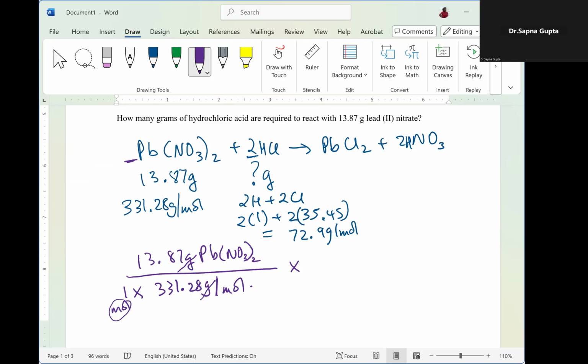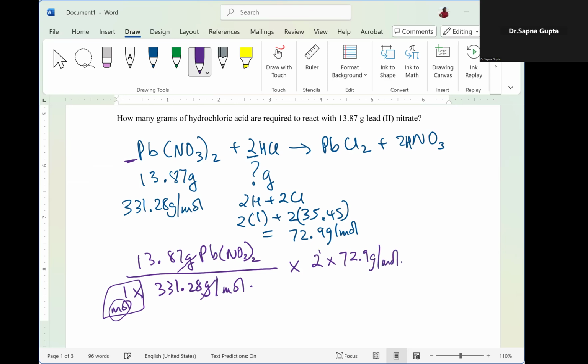So again, you take the mass of what is given to you divided by the molecular weight, and don't forget also to divide by whatever molar ratio you have there, whatever stoichiometric coefficient you have. Now, for the HCl, this is going to be 2 times 72.9 grams per mole.